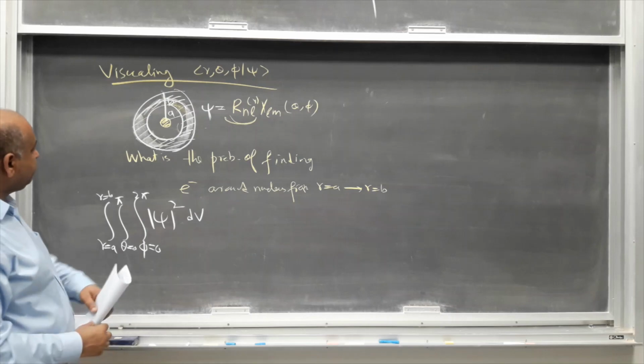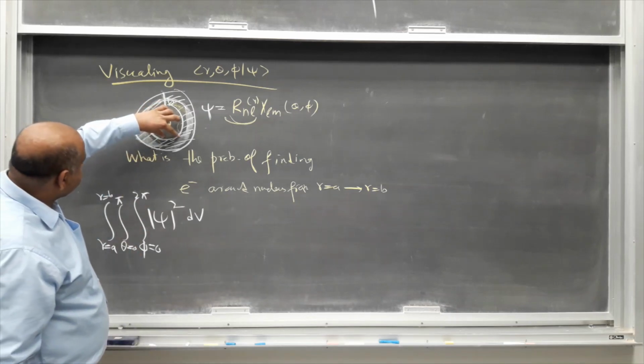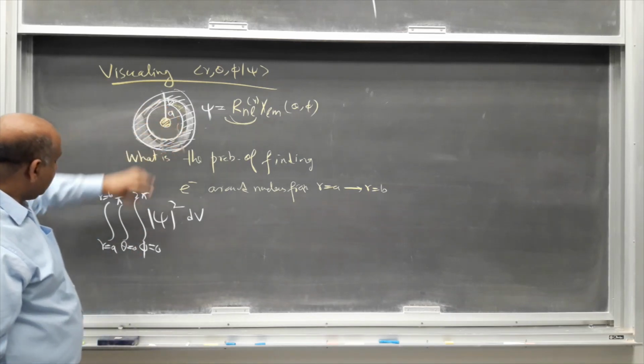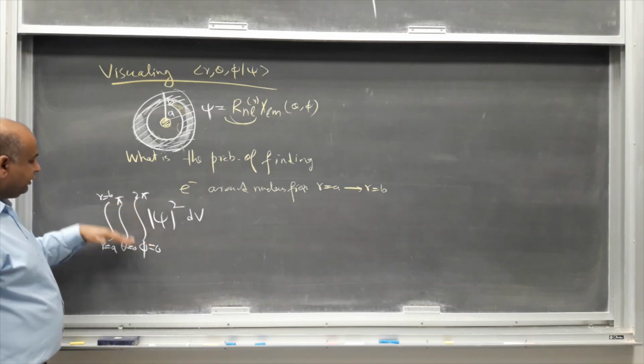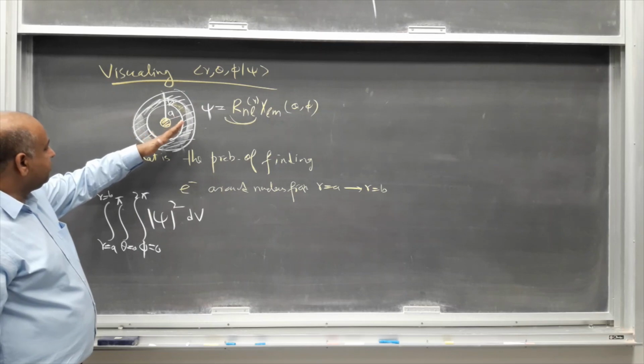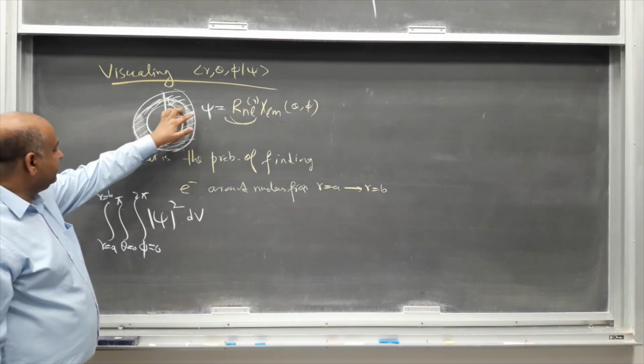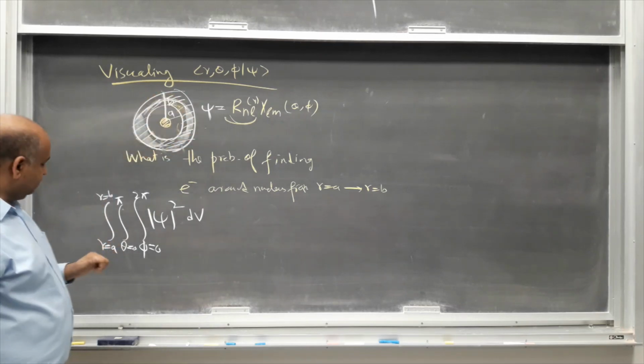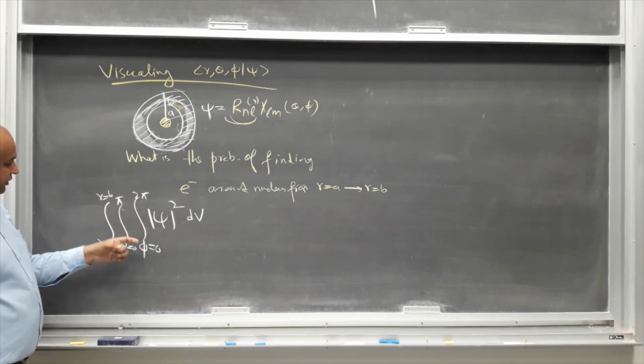Of course, if you're interested only in finding the probability in a particular region, all you do is restrict your angular range as well. But right now, I'm interested in finding the probability of the particle from a to b in all of this spherical region, so theta and phi are integrated over the full range.